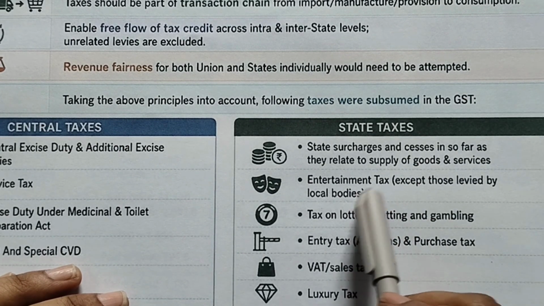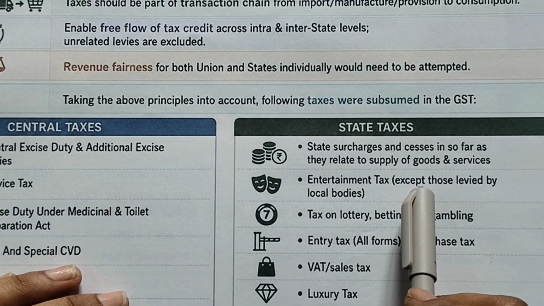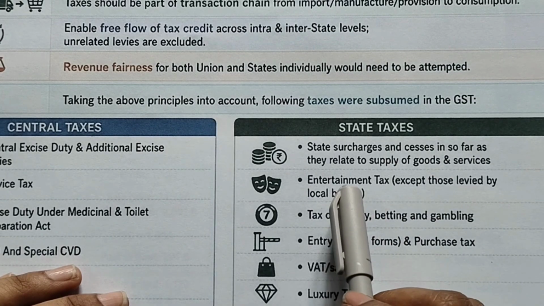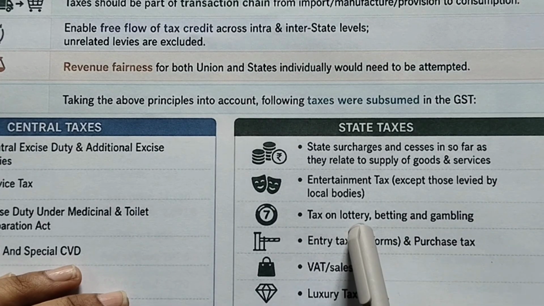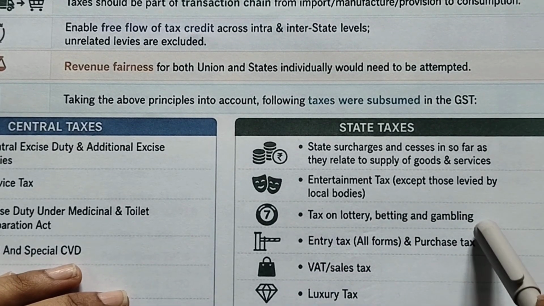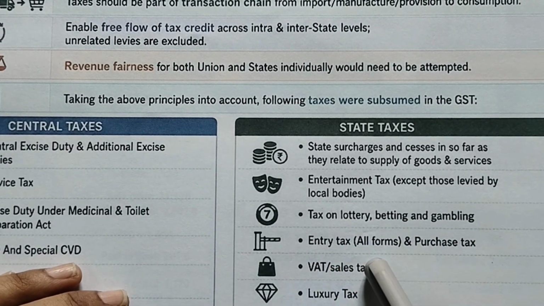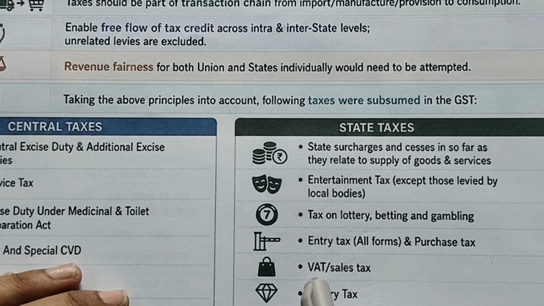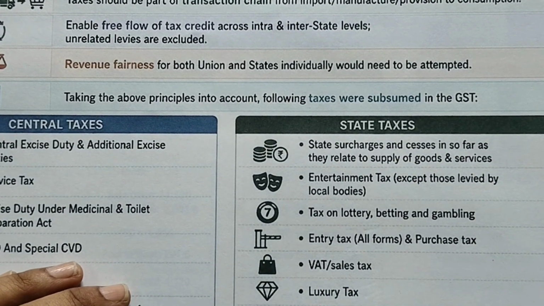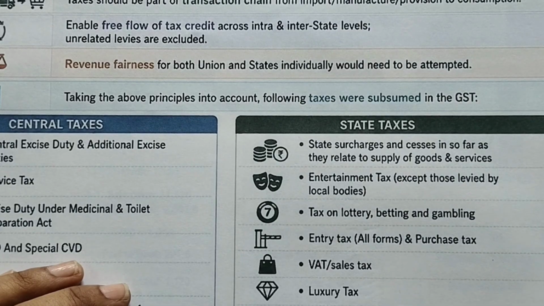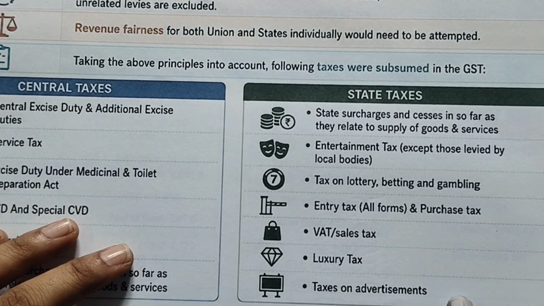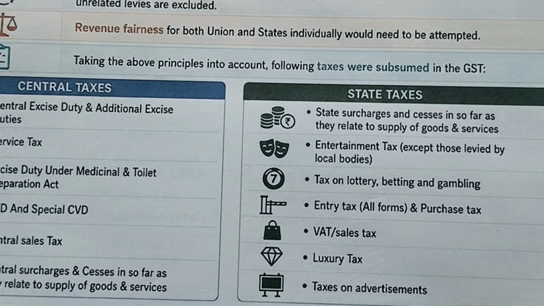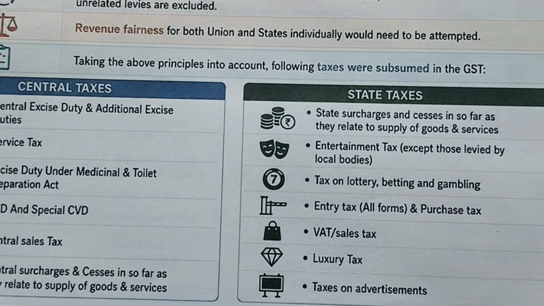So whatever they are imposing remains, and the remaining entertainment taxes have been subsumed. Tax on lottery, betting, gambling, entry tax, all forms and purchase tax, VAT, sales tax, luxury tax, taxes on advertisement. These are the state taxes which have been subsumed under the GST.